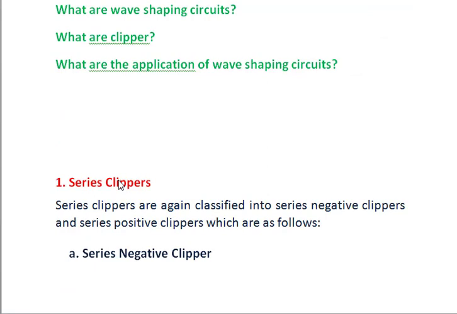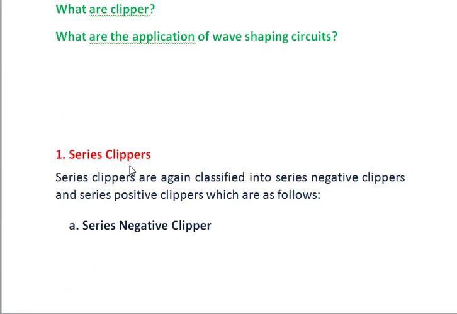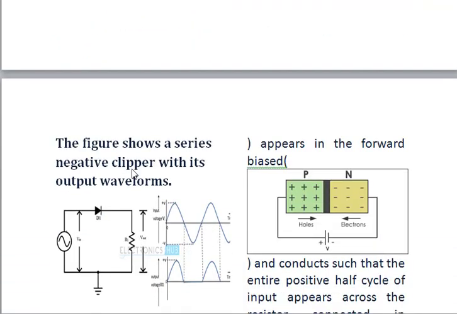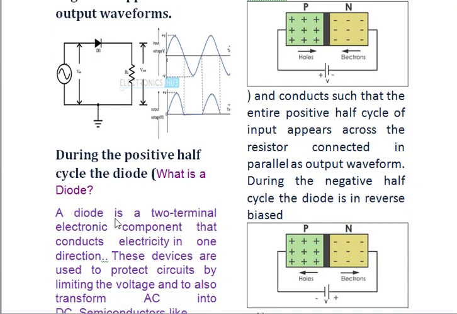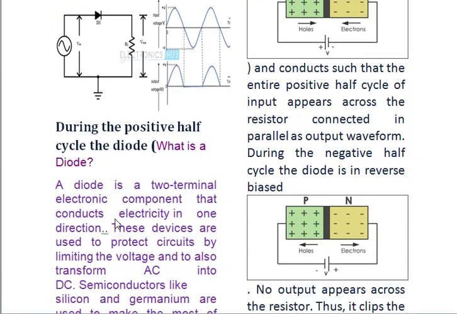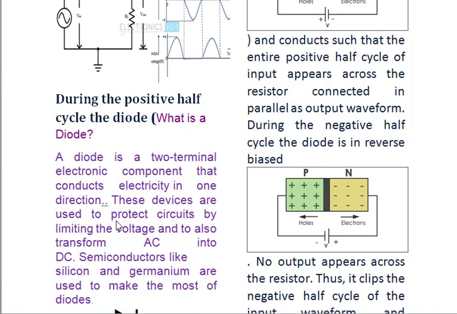What is a series clipper? Before going to the series clipper, we will see what a diode is. A diode is a two-terminal semiconductor device which allows current in one direction.